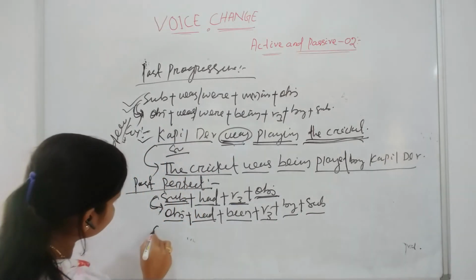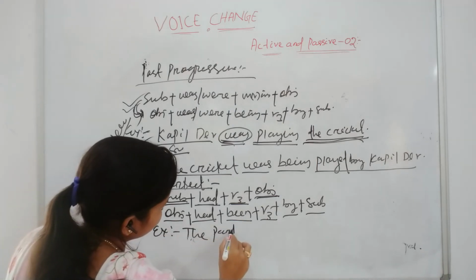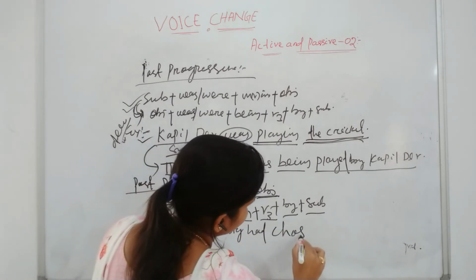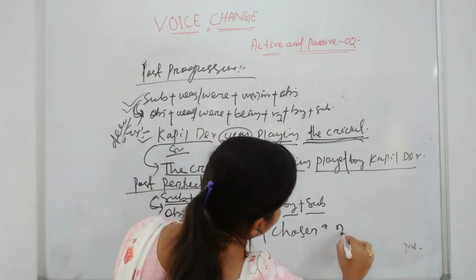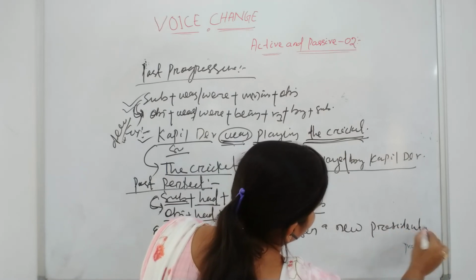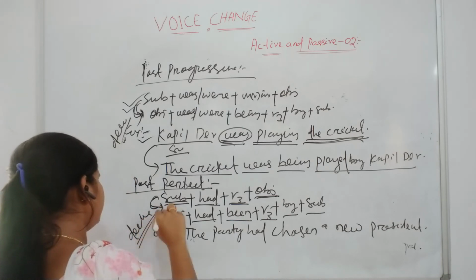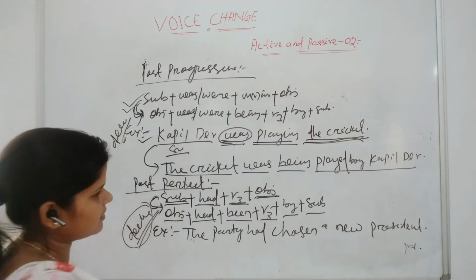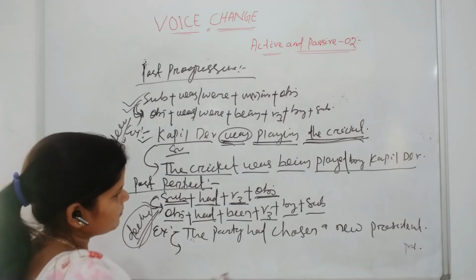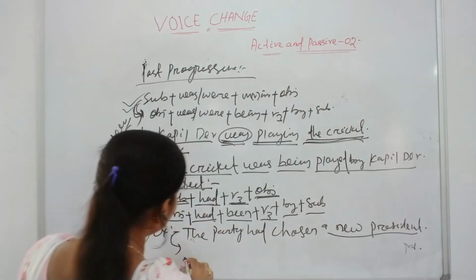Example: the party had chosen a new president. That is active voice, only for declarative sentences. When converting active to passive, a new president, which is the object, becomes the subject.